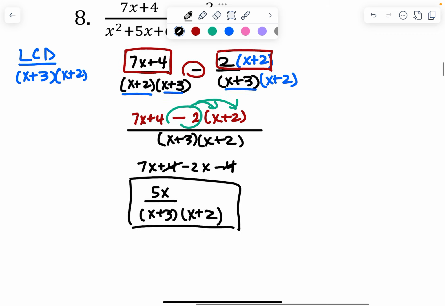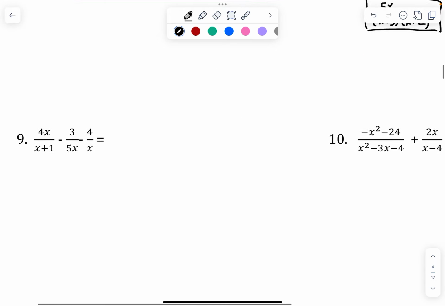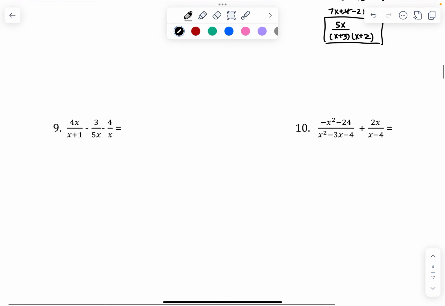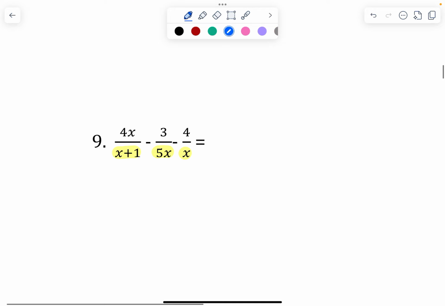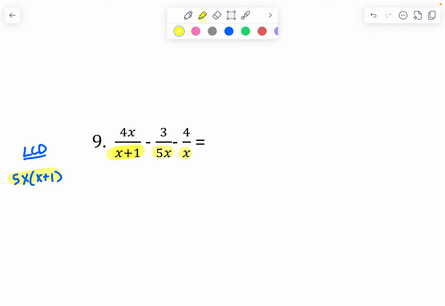Right? And so let's look at these last two and we're done. To get an LCD between 3 denominators, we have to account for everybody's factors. So we have an x plus 2 factor, we have a 5 and an x, and then we have an x. And so we need that x plus 1. We need the x, I'm going to put that in front, and we need the 5. Okay, and so looking at this LCD, the first denominator divides it, the second denominator divides it, and the third one divides it.